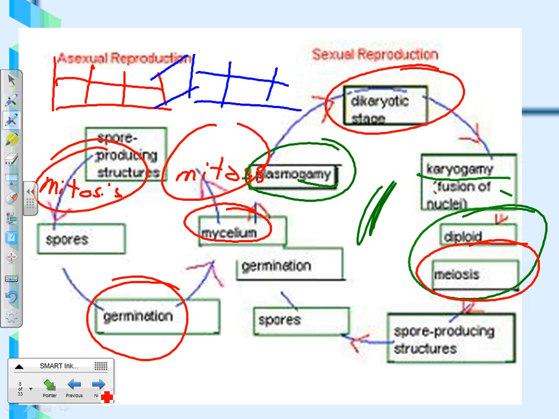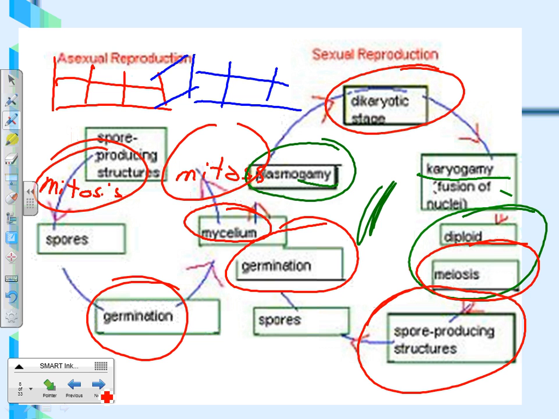It creates genetic variation. Those four cells will be made inside spore-producing structures. The spores will mature. They'll fly out of the fungus in one way or another, land on the ground, germinate, grow into a new mycelium, which then can either do asexual or sexual reproduction, depending on what's going on.